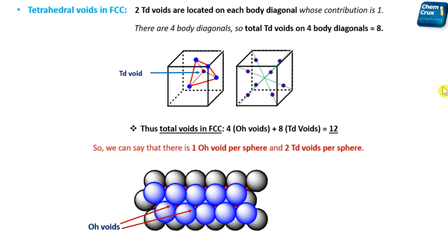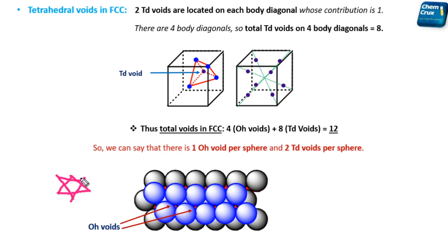So we have studied that an octahedral void is formed when a set of three spheres arranged at the corners of an equilateral triangle, and another set of three spheres aligned in the opposite direction, is placed above the first set.